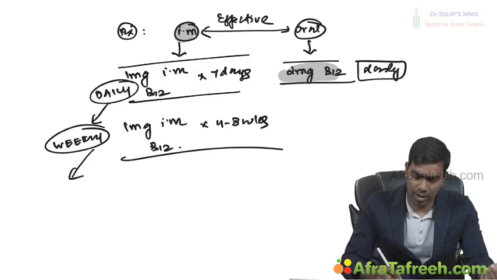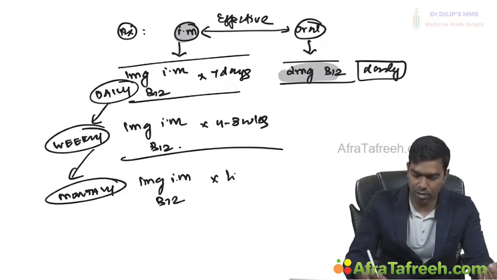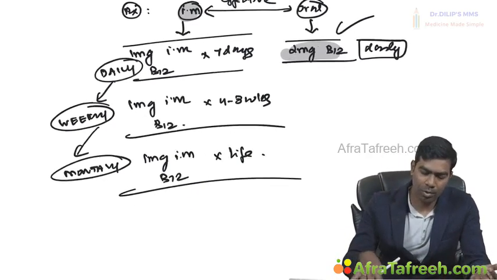Then you have to give monthly doses, every month the same 1 milligram IM B12 for lifelong. So it's very simple. First give a daily 1 milligram IM B12 for 7 days, then give weekly IM B12, same 1 milligram dose every week for 4 to 8 weeks, then give a monthly 1 milligram IM B12 injection for entire life. So this is the traditional protocol for B12 correction, but even oral protocols are as effective as IM protocols.